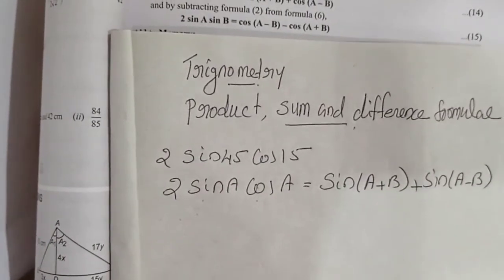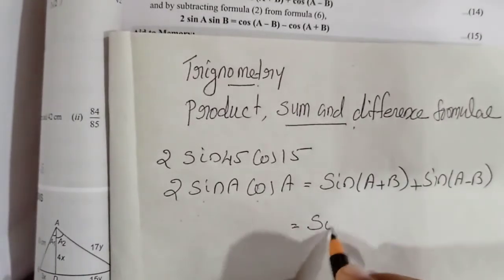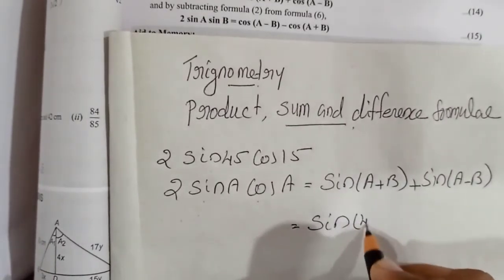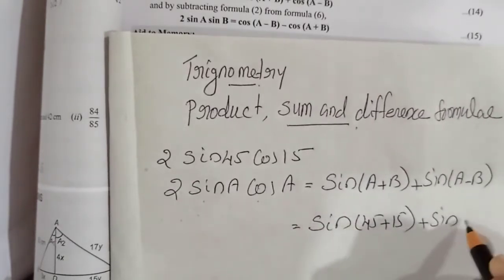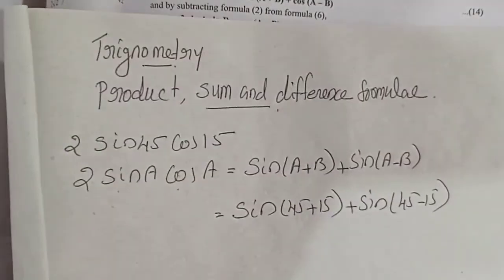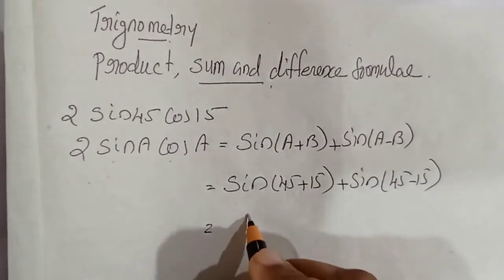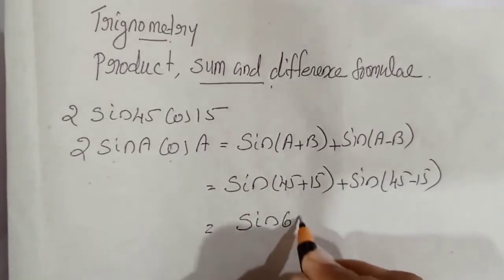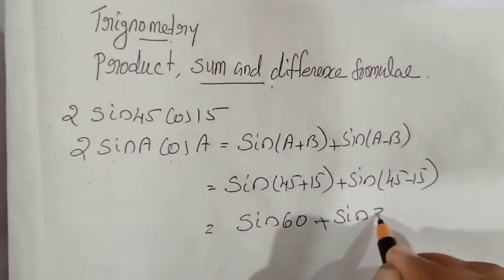That means, sin sum. What is sin sum here? Sin 45 plus 15 plus sin 45 minus 15. Understand? Now, what is sin 45 plus 15? Very good. Sin 60 plus sin 30.